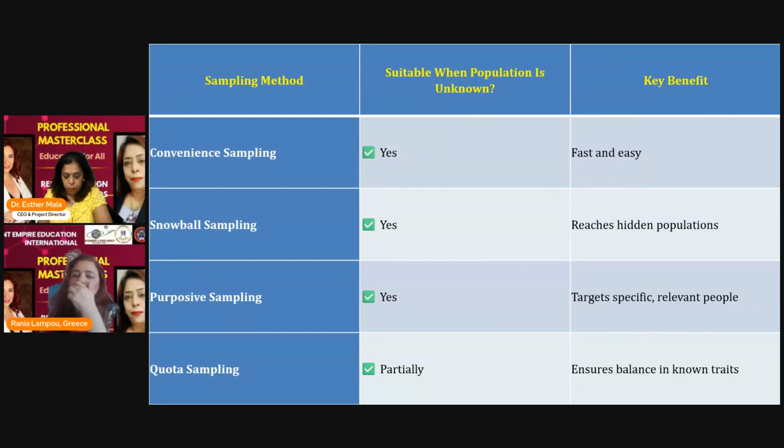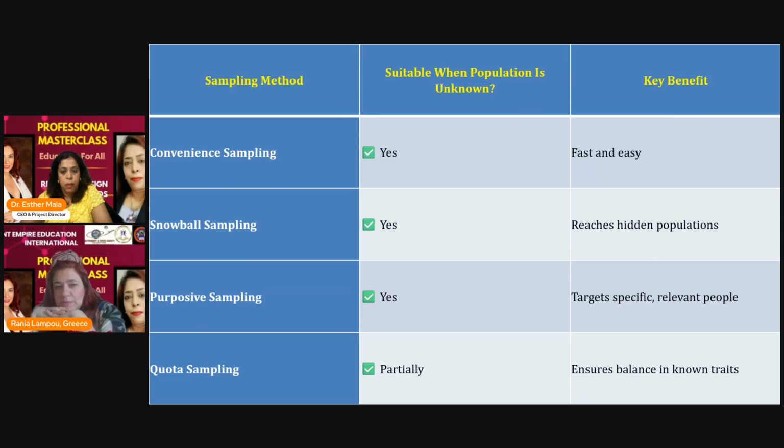So here you can see which sampling method is suitable when the population is known, and what the key benefits are. What we explained now: convenience sampling is fast and easy. Snowball sampling reaches hidden populations. Purposive sampling targets specific relevant people, what we think is more suitable for our research.